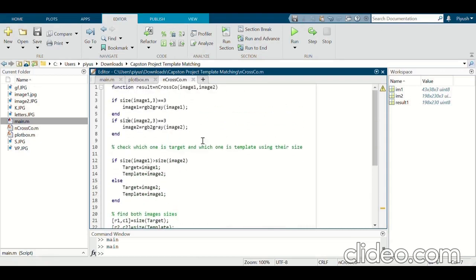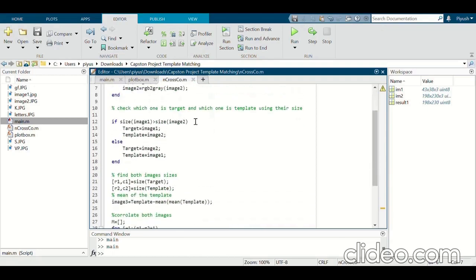Secondly, I first classify which image is the target image and which is the template image, as I have given the input without specifying which is target and which is template. If the size of image1 is greater than image2, then image1 is for sure the target image, because the target image contains a lot of information and has more pixels compared to the template, which contains some specific pattern of the target image.